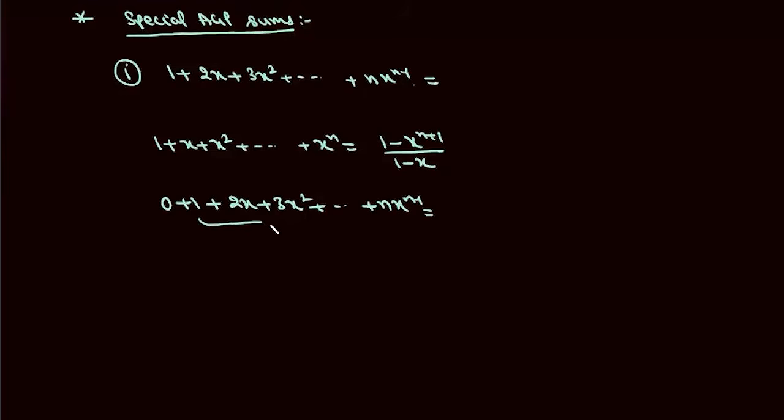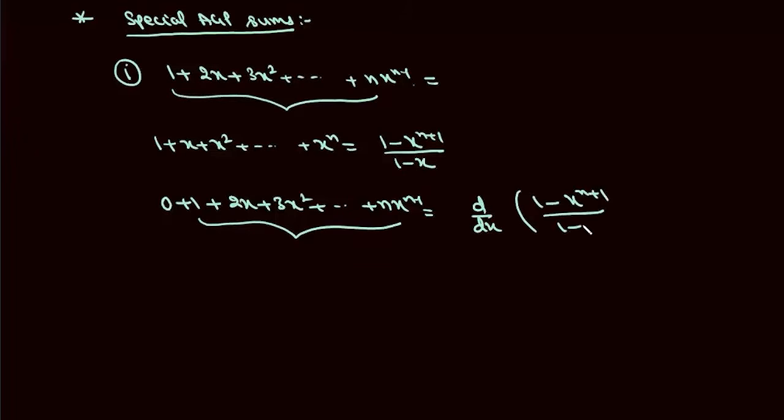And this is the required series that we need. We'll get this result simply by differentiating this with respect to x. So for this series, we'll just need to differentiate this.